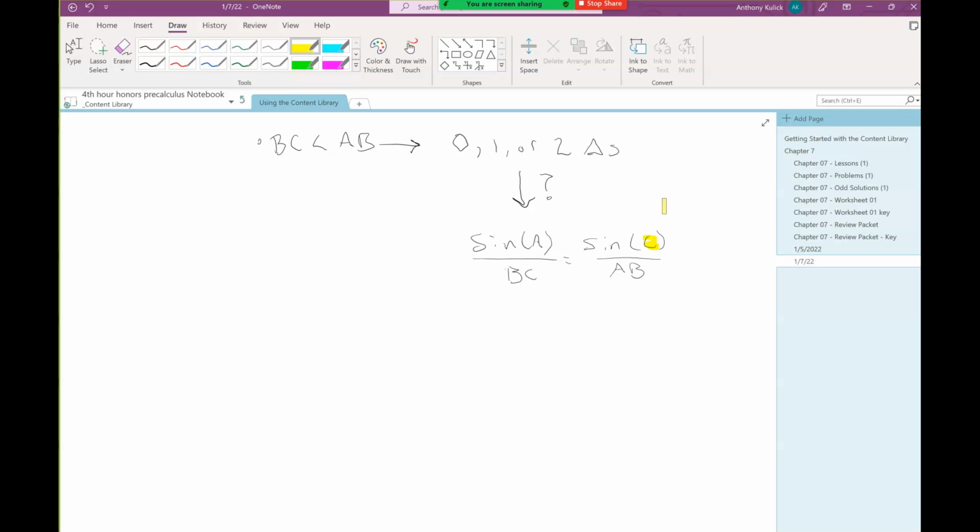Everybody agree? So what I'm going to do is I'm just going to solve for sine C. I'm just going to cross multiply and divide to get the sine C part by itself. So I cross multiplied, and then we divide by BC.